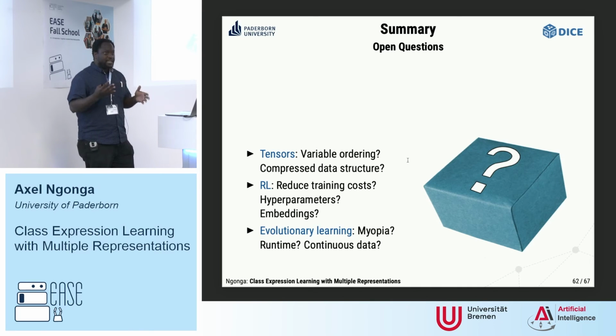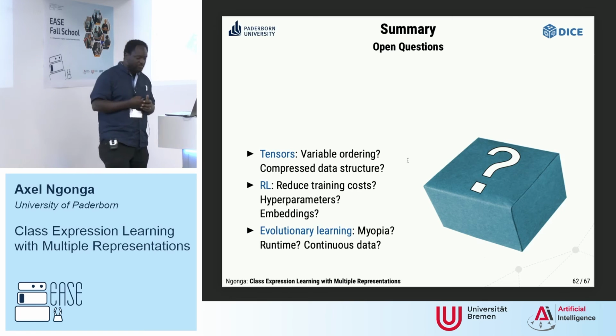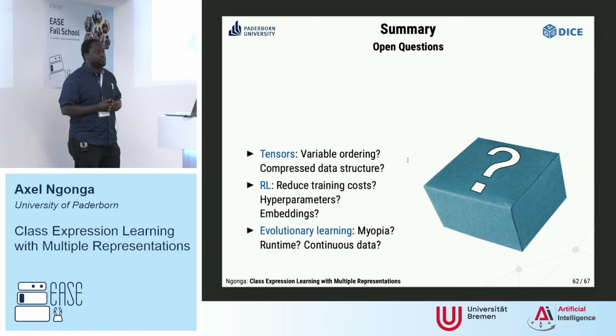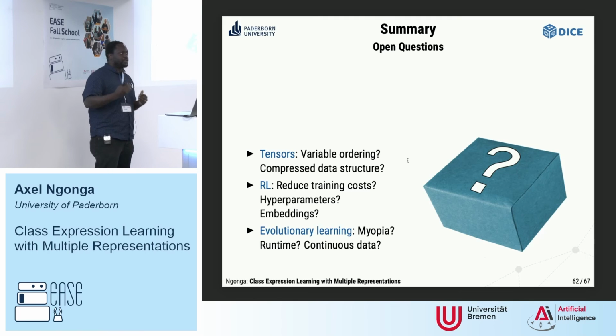I wanted to show you that changing representation seems to be rather important in this area, and that it really helps us make the whole thing scalable, which has been one of the major reasons why class expression learning has been used in only a few practical applications over the last decades. But now that there are methods to make them more efficient, they are being used ever more. We have a bunch of industrial applications now for class expression learning.